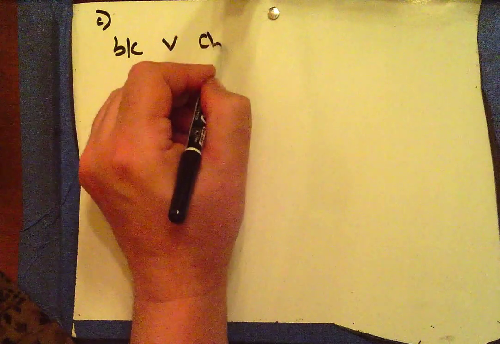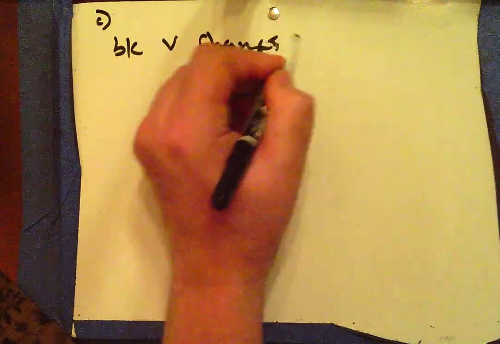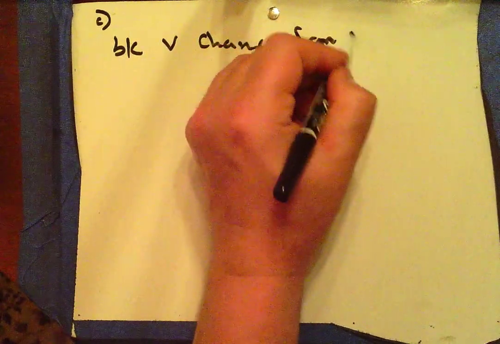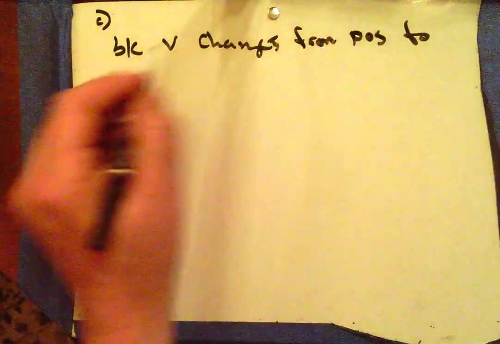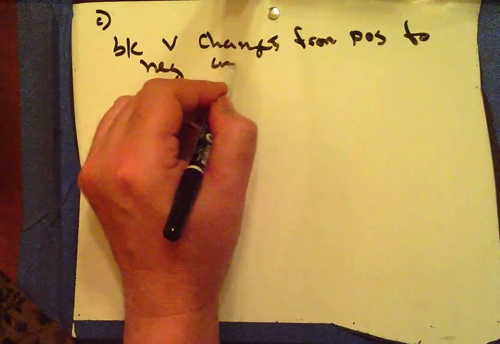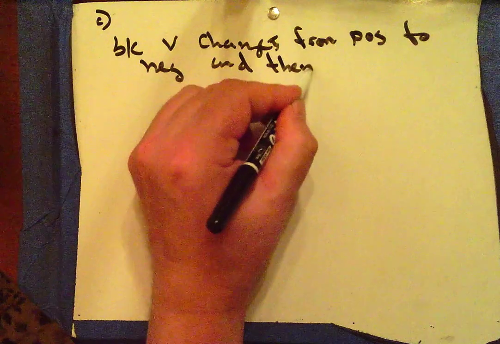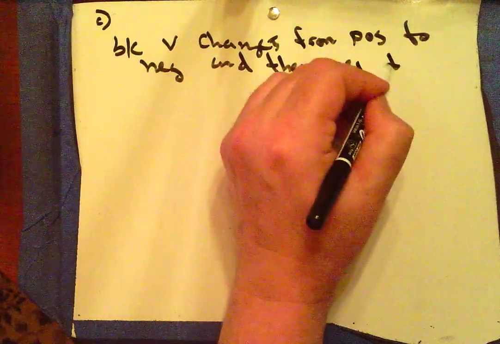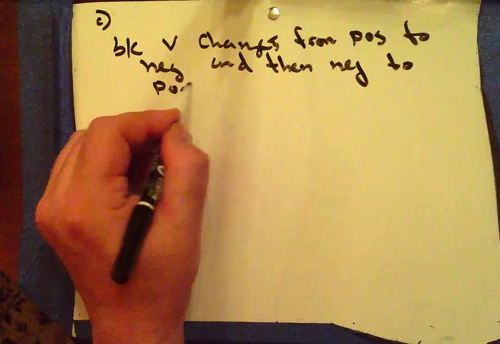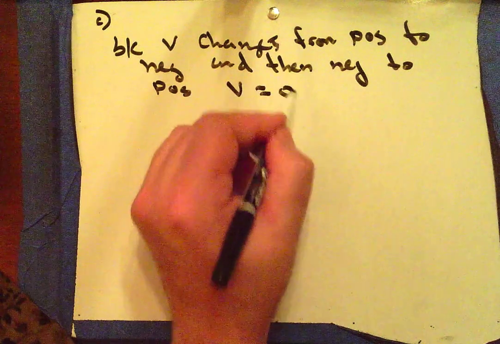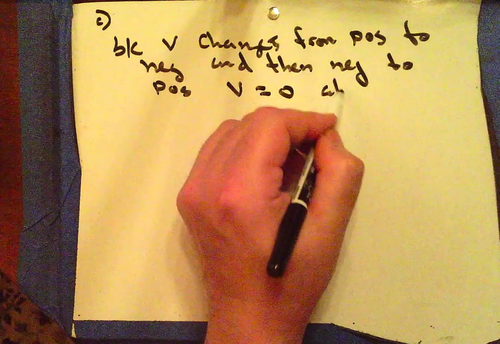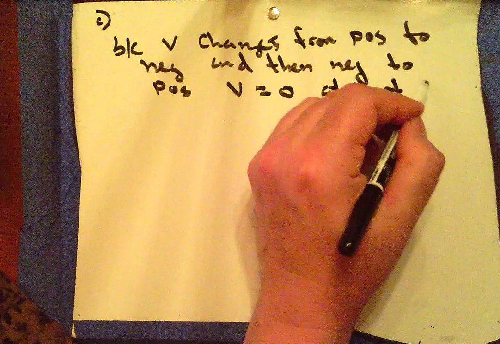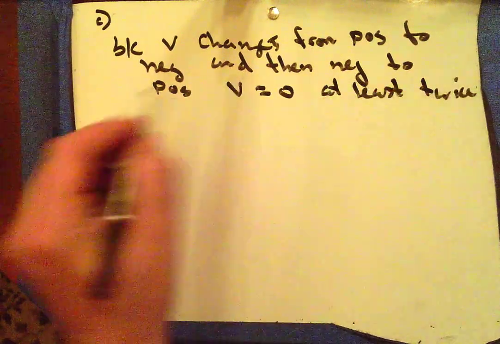Because v changes from positive to negative and then negative to positive, v must equal 0 at least twice.